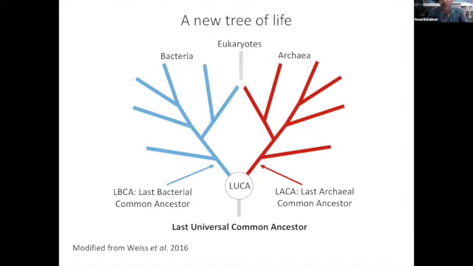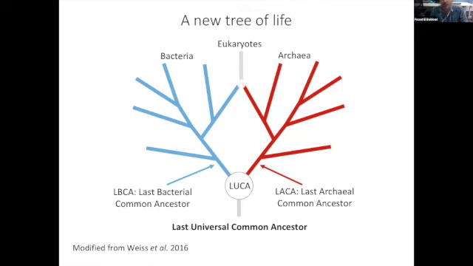There are different models of eukaryogenesis, and Fraser gave an alternative hypothesis yesterday. Today, I will focus on the common ancestor that links bacteria and archaea, with the last bacterial common ancestor and LUCA, the last archaeal common ancestor. These are the 3 ancestors I will talk about today.